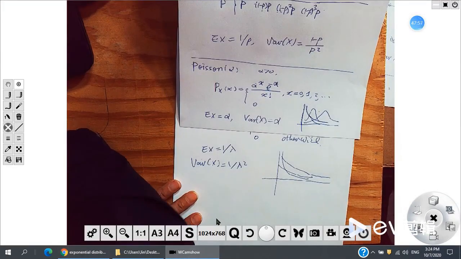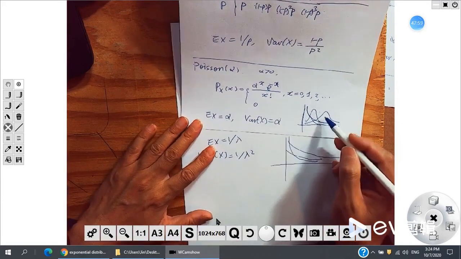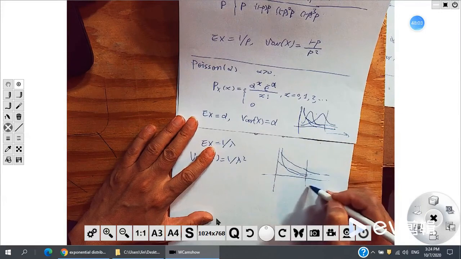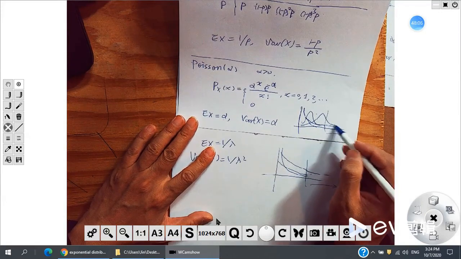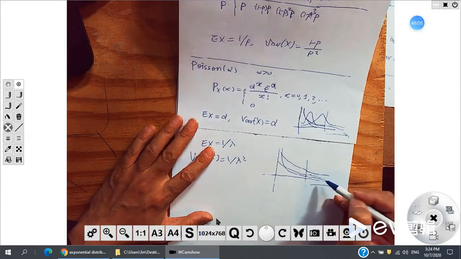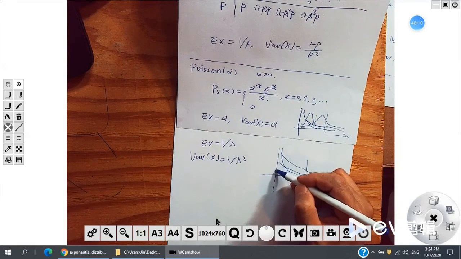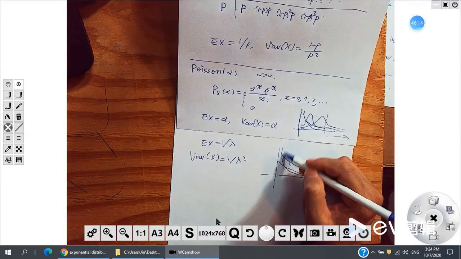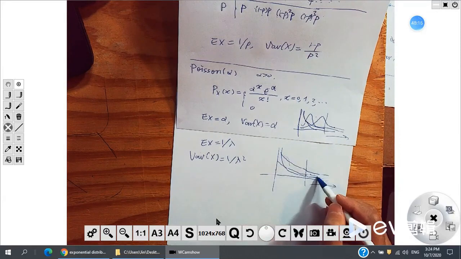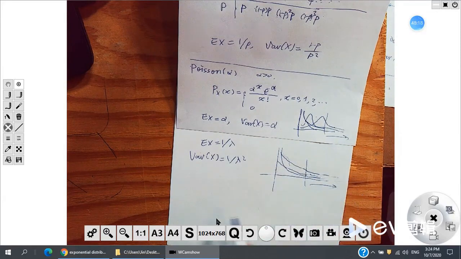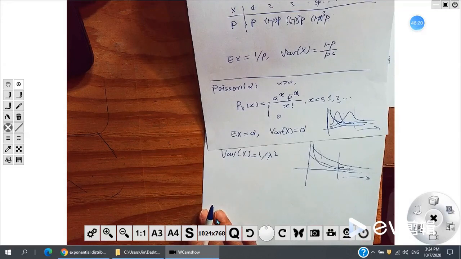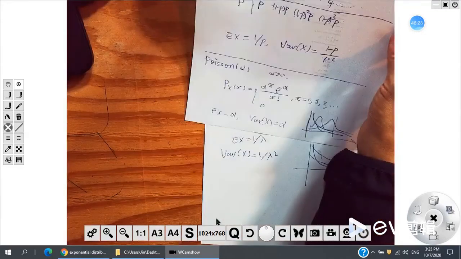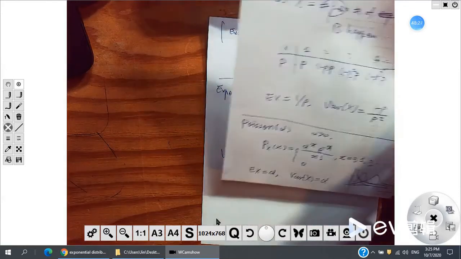I copy. Something looks like this. Of course they are not exactly the same thing, but if you check for large n's, the behavior is similar. When x is small, when n is small, they are quite different. But for large n's, it looks like this, a similar kind of thing. So we have the Poisson distribution, and we have the exponential distribution.